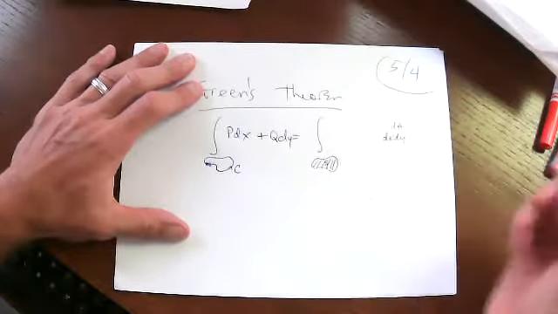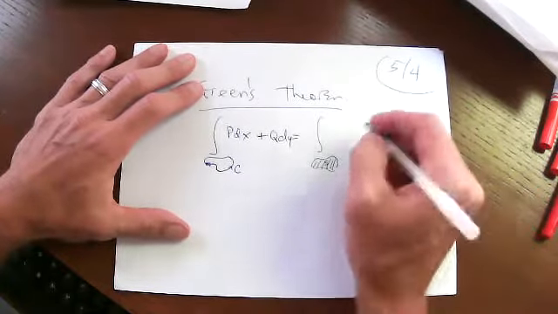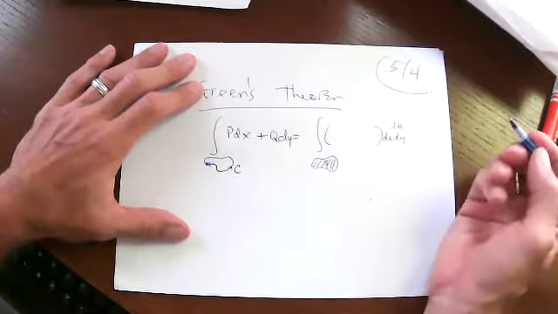But the thing you're going to integrate will now be this mixed partial derivative: take the coefficient of dy and differentiate with respect to x, and then the other way around, the coefficient of dx and you differentiate with respect to y, and you subtract those two. So that's Green's theorem.